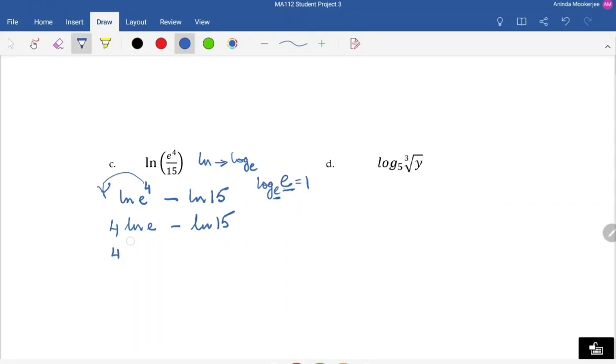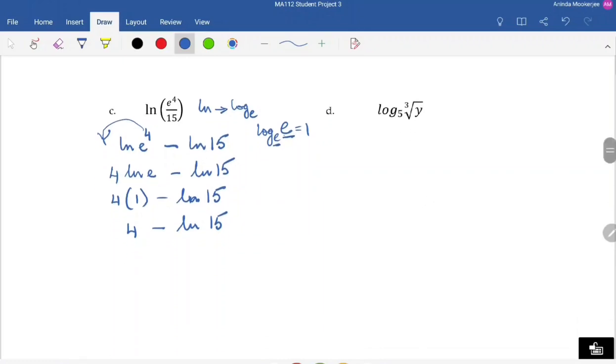So it'll be 4 times 1 minus ln of 15. So we will have 4 minus ln 15. All right. Now, ln 15 can be written as ln of 5 times 3, correct?